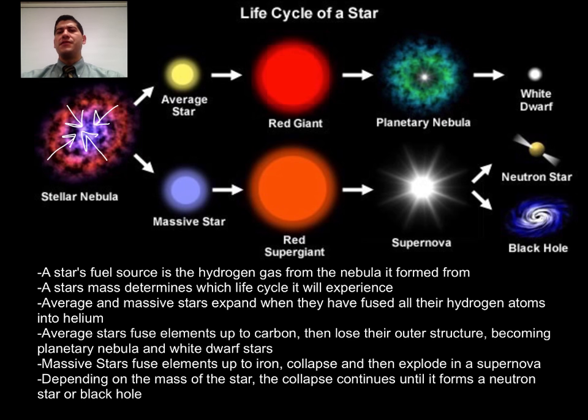So what is nuclear fusion? Remember in the last video I said that stars are the element factories of the universe. Nuclear fusion occurs when you squash two or more atoms of one element together to form one or more atoms of a new element, and it only happens under tremendous amounts of heat and pressure.